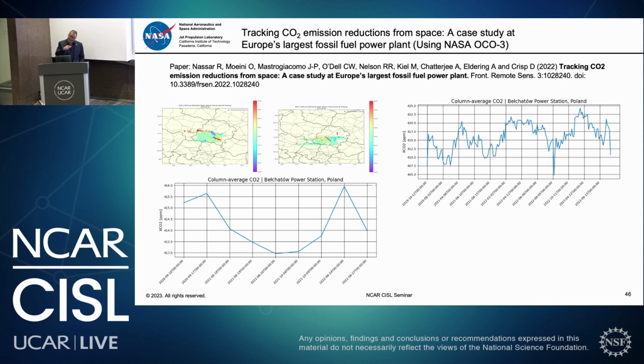So one of the papers that we looked at, we tried to replicate the entire analysis from that paper. This paper tried to study the largest fossil fuel power plant, and that's in Poland, right? And see if they are actually emitting according to what they expect.